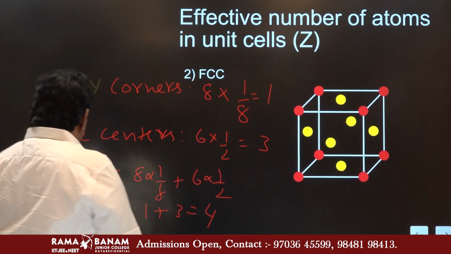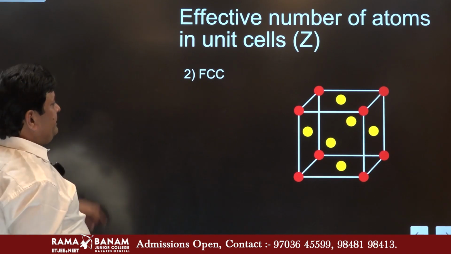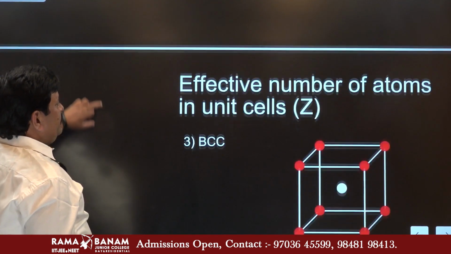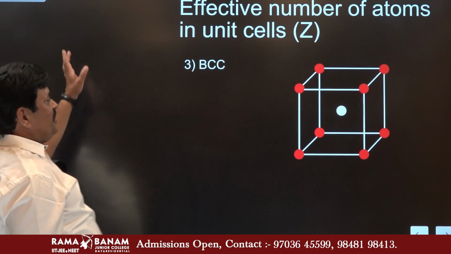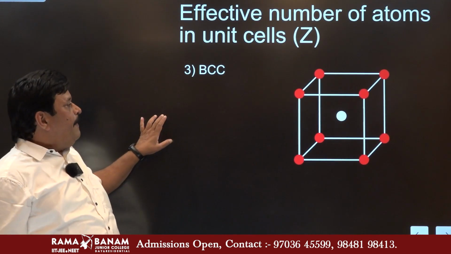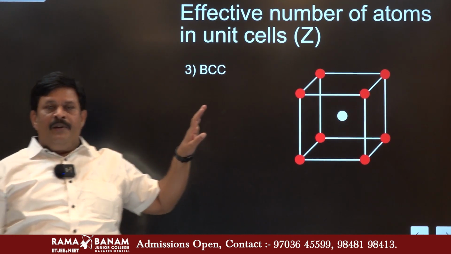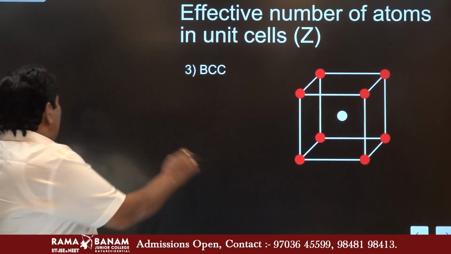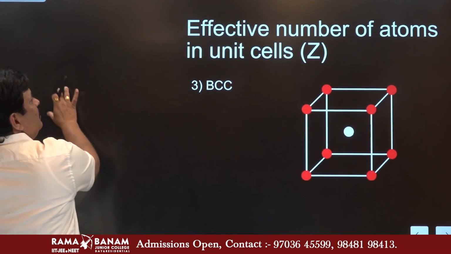Now coming to BCC. It's very clear, this is the unit cell of BCC. Particles are at body corners and also at the body center. Simple. What is the Z value?